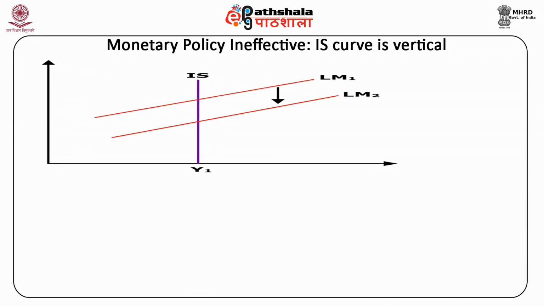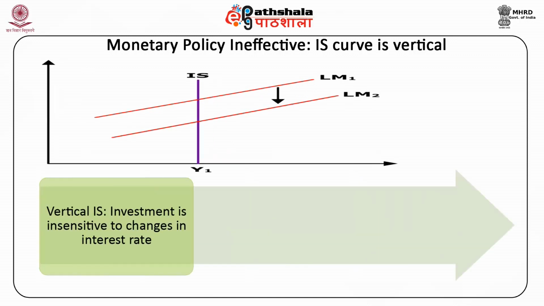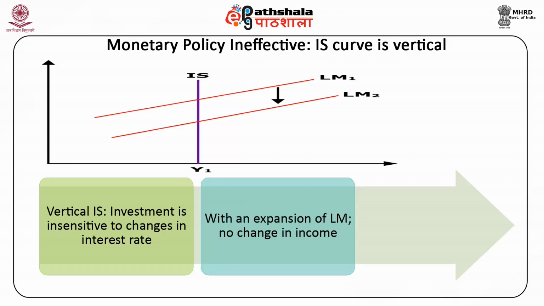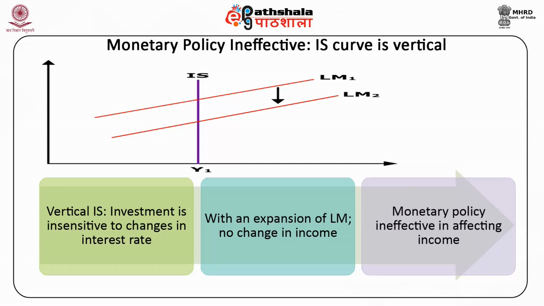The IS curve becomes vertical when investment is totally insensitive to changes in interest rate. When the IS curve is vertical, an expansion in money supply shifts LM from LM1 to LM2. However, there is no change in income. Hence, monetary policy becomes totally ineffective in affecting income.